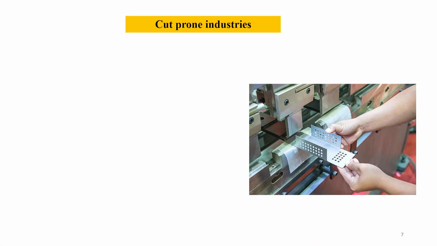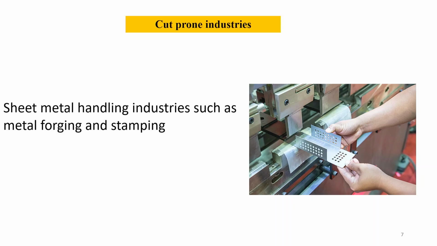This is one industry where we handle sharp metal edges, so it is very difficult: the sheet metal handling industries. There are many industries which handle different types of sheet metals, like metal forging and stamping. In all these industries the workers handle this type of metal 24 hours, so there is always a chance of a cut.